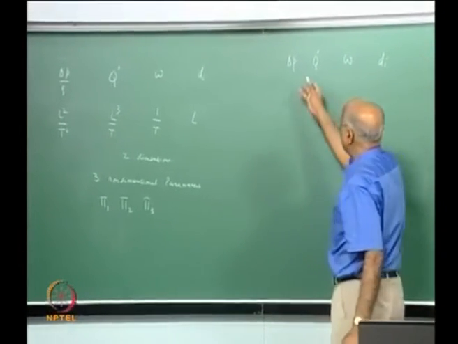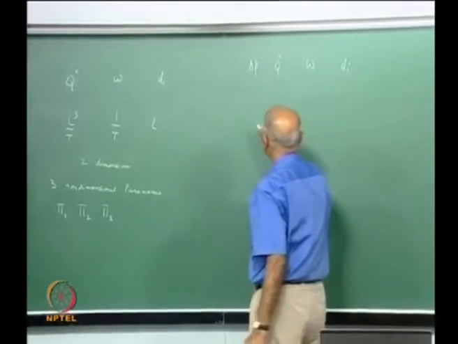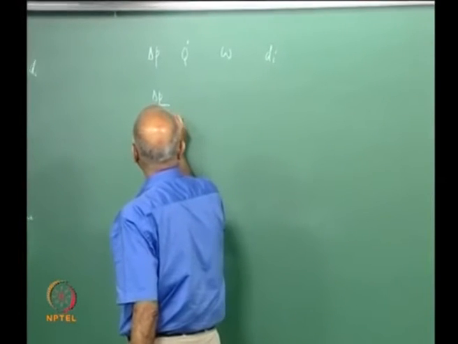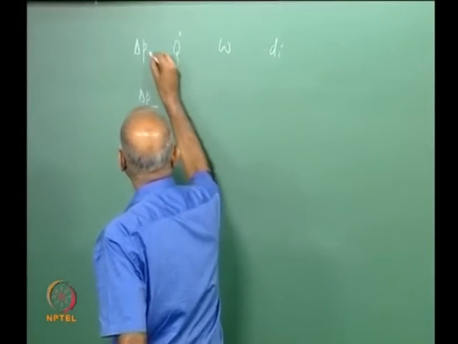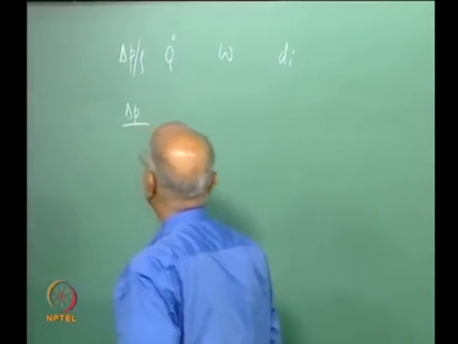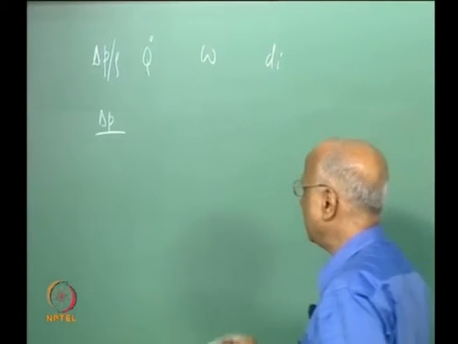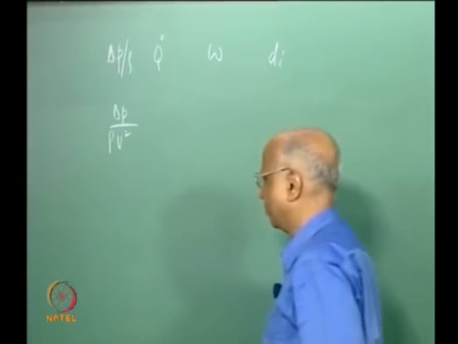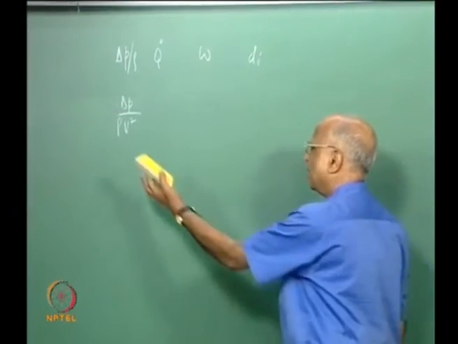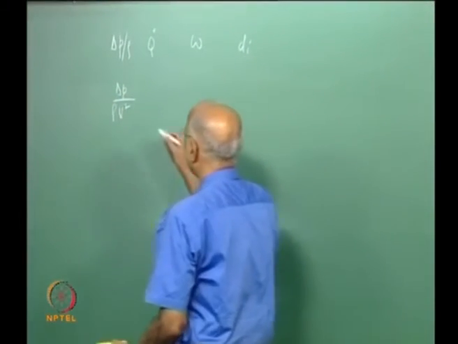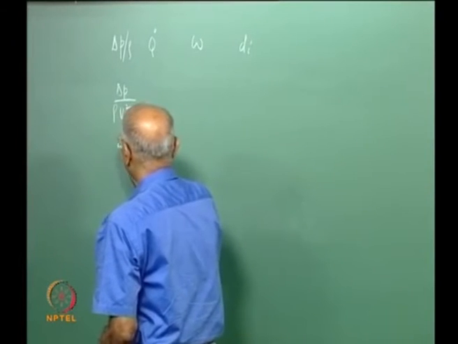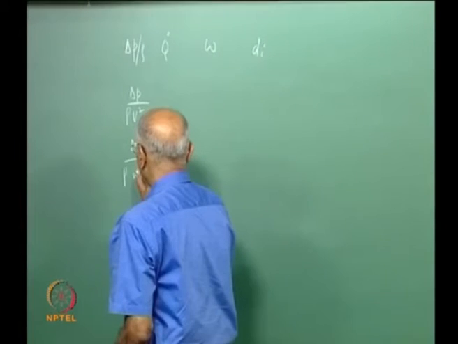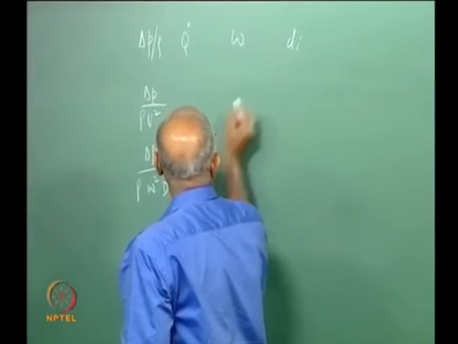Even without doing a non-dimensional parameter, I can say delta p by, we also had rho here, delta p by rho. I know rho v square has units of pressure, and therefore one non-dimensional parameter could readily be delta p by rho into omega square di square.